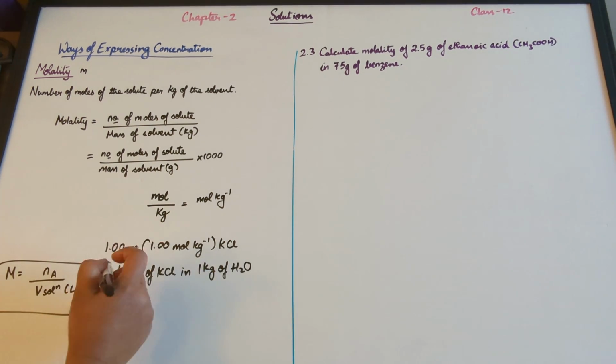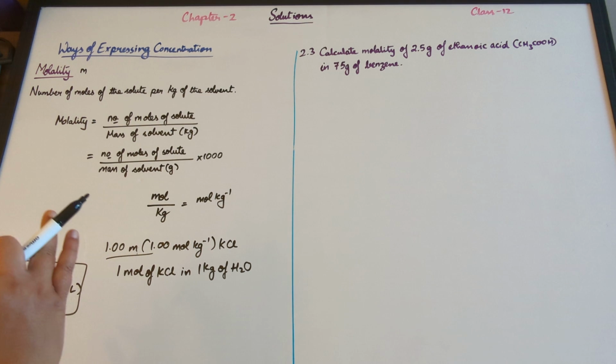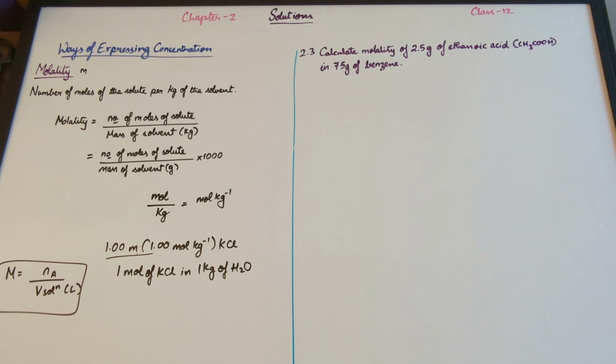So that's molality. If you understand molarity, it's almost similar, but not the same. In molarity, we are considering the volume of the solution. Whereas in molality, we are considering the mass of the solvent and not the solution as a whole.